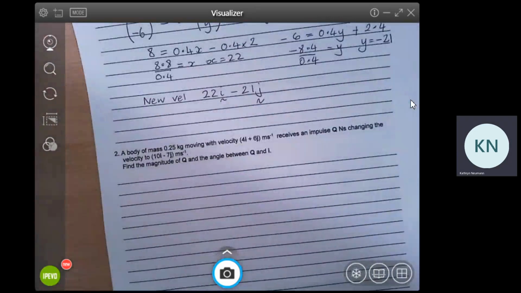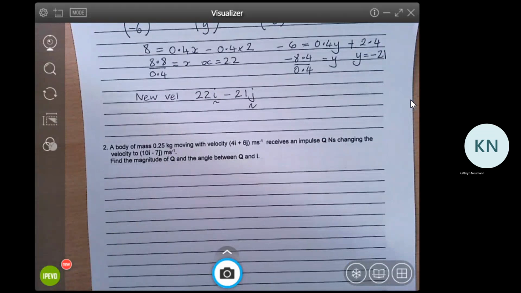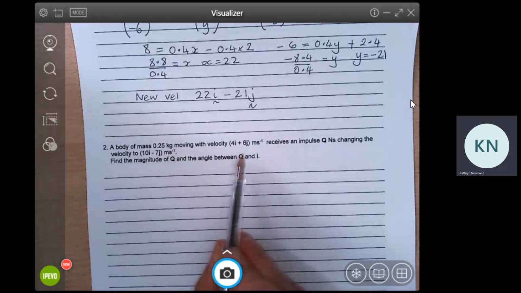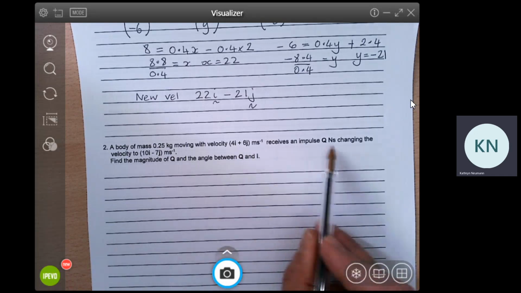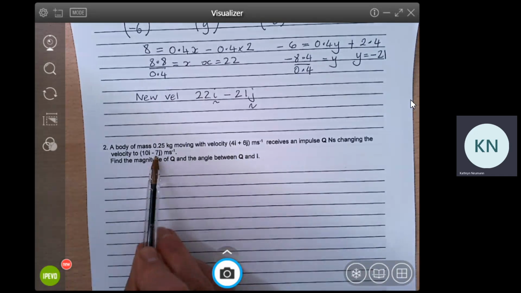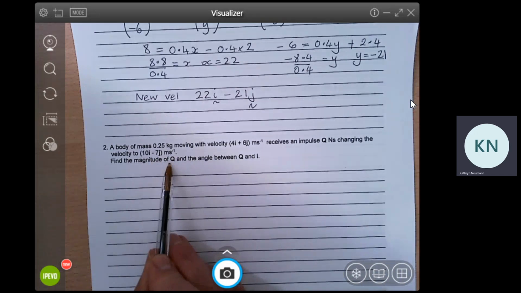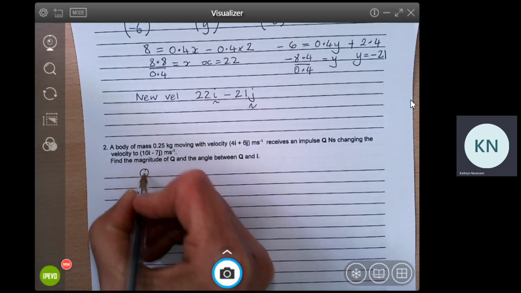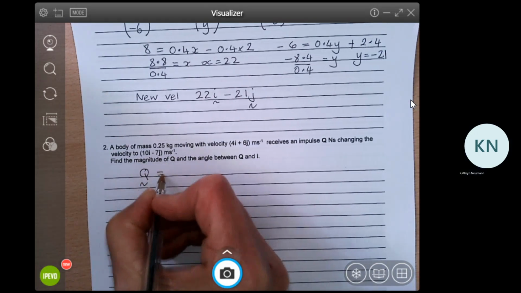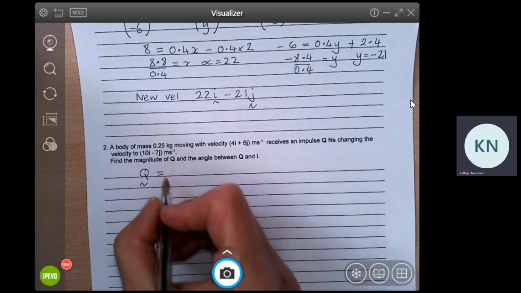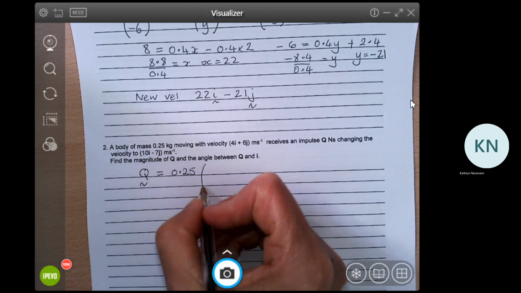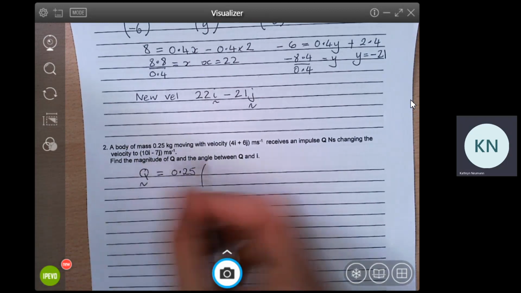Let's look at the next question here. We've got a body of mass 0.25 kilograms, and we've got its initial velocity. It receives an impulse, and we've got its final velocity. Find the magnitude of the impulse and the angle between q and the i direction. So the impulse, which is q, is equal to 0.25 times the final velocity (10, -7) minus the initial velocity (-2, 6). Again, I'm going to go with column vectors.